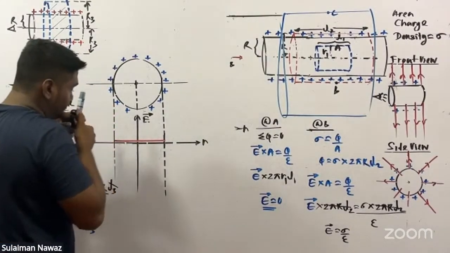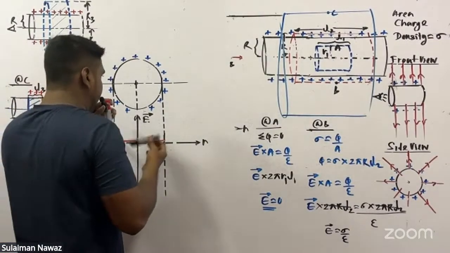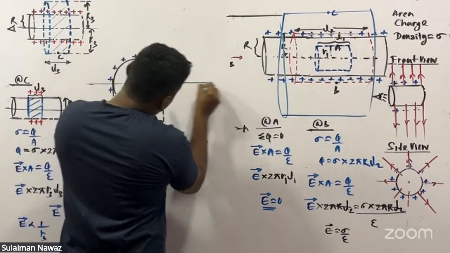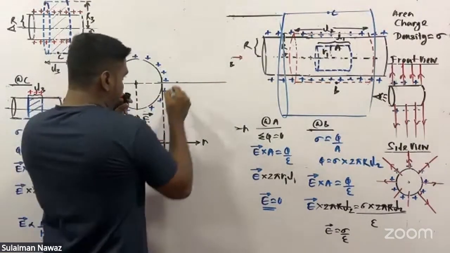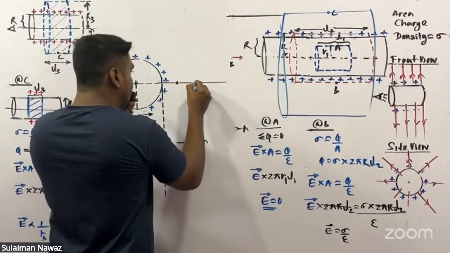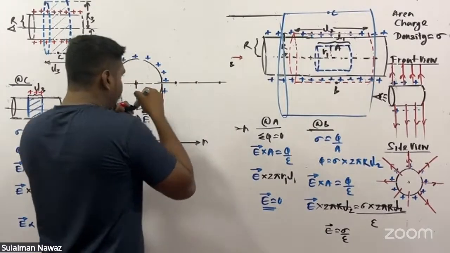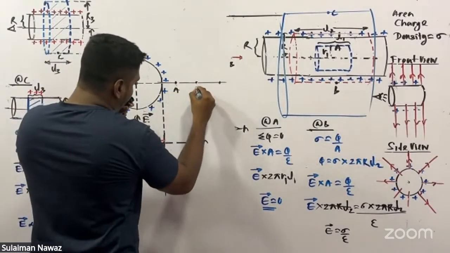And if I draw the intensities, same story. If you consider a few points, the variation of intensity. When you consider a point just outside the cylinder, if you mark the intensities, this point is point A for an example.